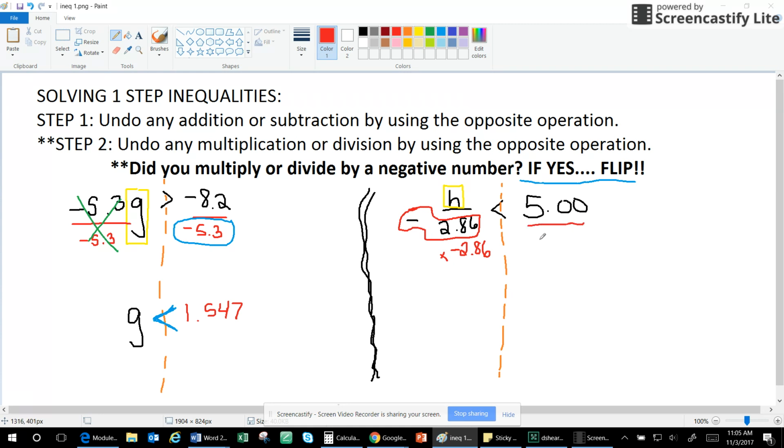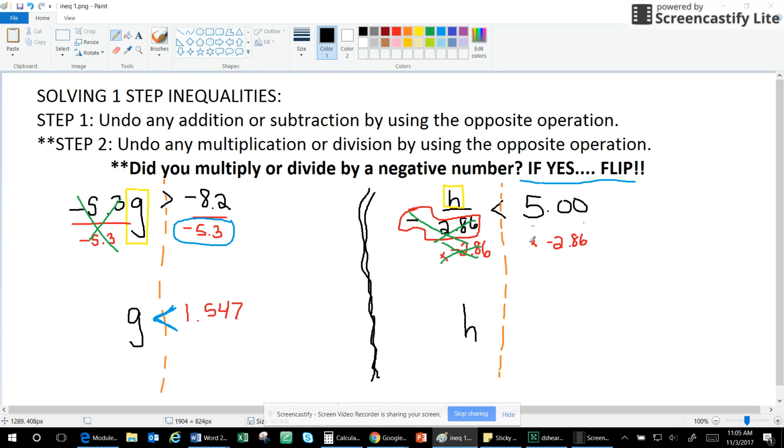So that way it's going to disappear whenever I do this multiplication on the other side. So we're going to multiply negative 2.86 to both sides. That would cause this guy and this guy to cancel, leaving me with an h.